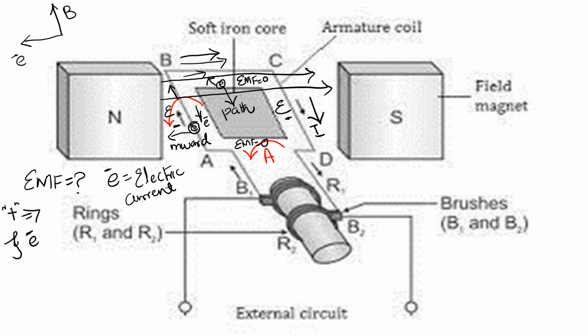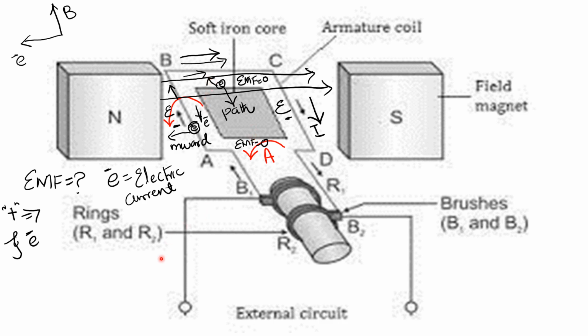So this means that only these two sides, the right side of the armature and the left side of the armature, will have induced EMF, whereas this side and this side have no path for electrons to flow. The induced EMF will be ineffective, and the current in them will be zero.